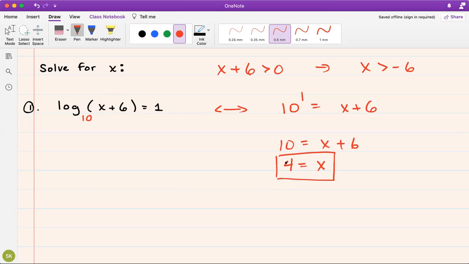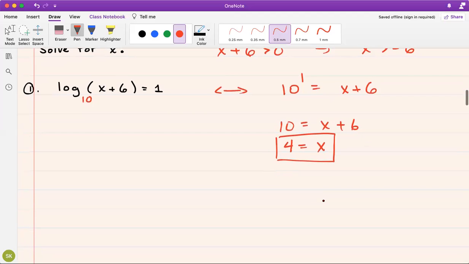But sometimes when we do these problems, we'll get something outside of the domain, so we'll have to get rid of what we found. But for this particular example, 4 works. So again, always double check, and you can plug in that 4 here, you'll get 10, and we know that log base 10 of 10 is equal to 1.